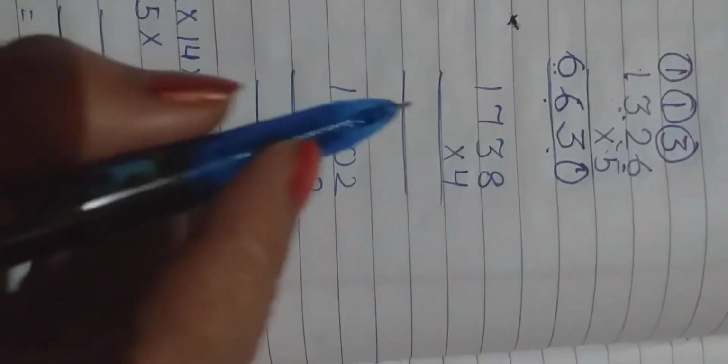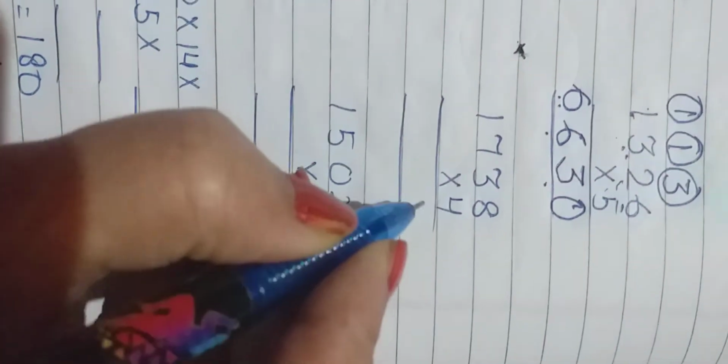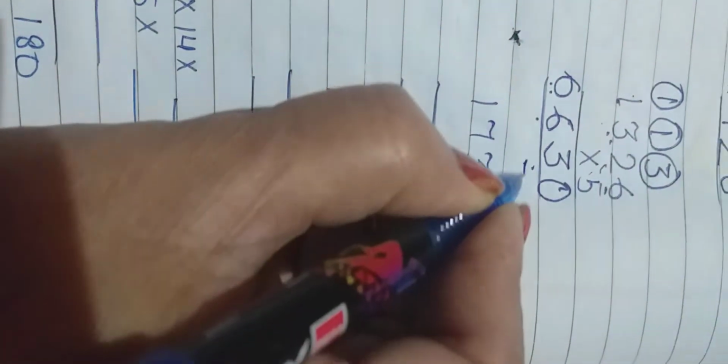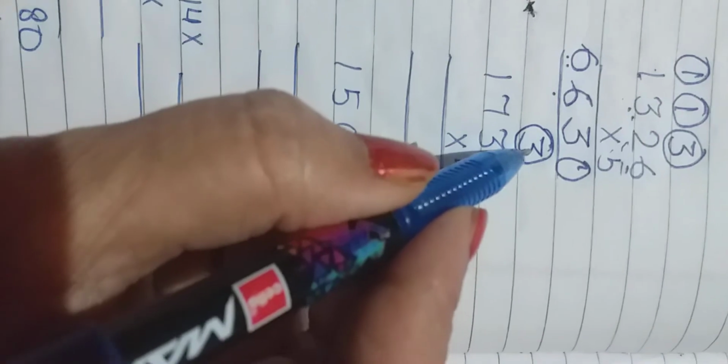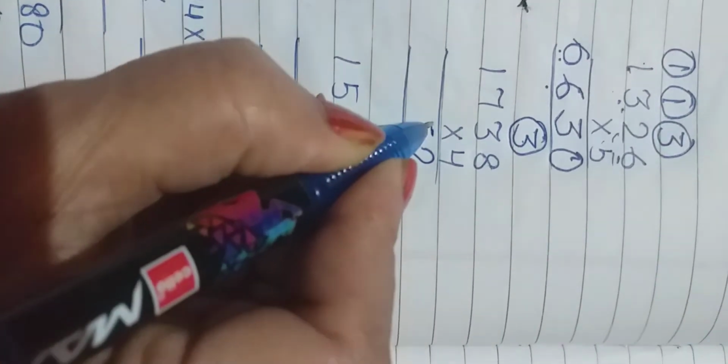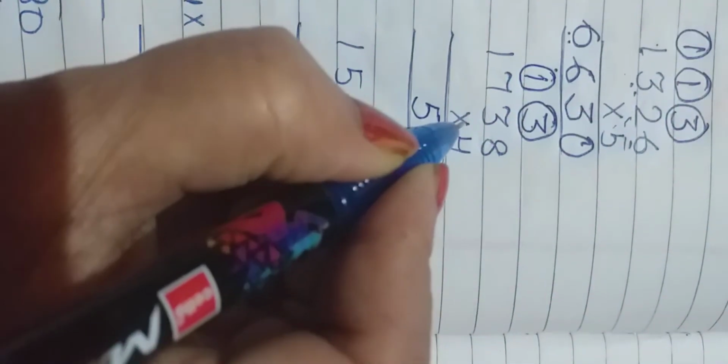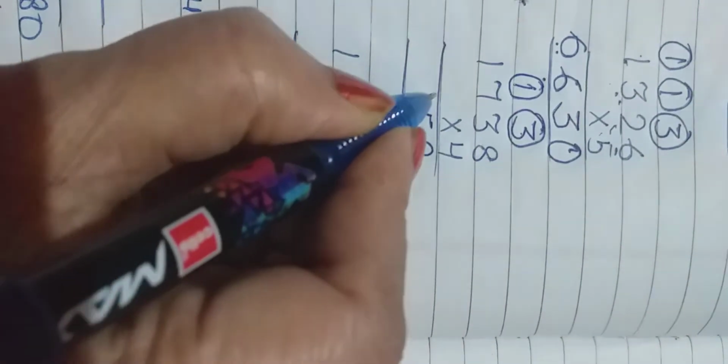The next one is 1738 multiplied by 4. 4 eights are 32. We write 2 here and carry 3. 4 threes are 12, plus 3 is 15. Write 5 and carry 1. 4 sevens are 28 plus 1 is 29.